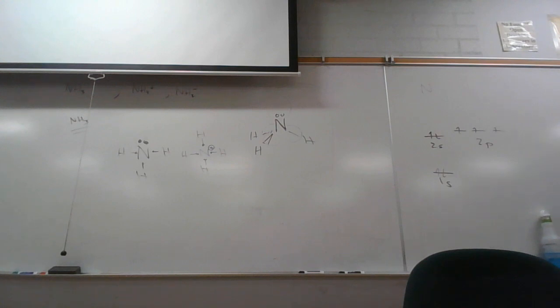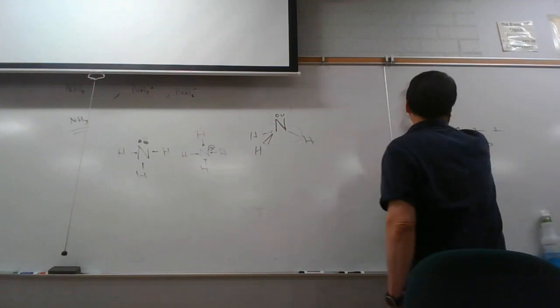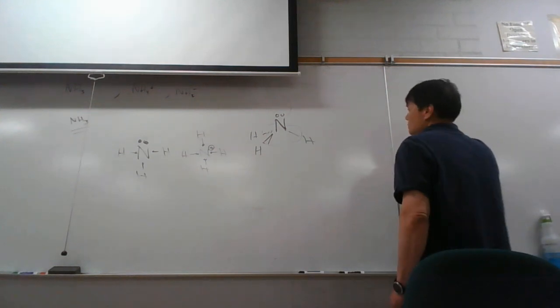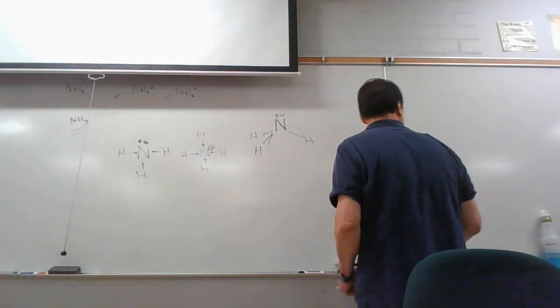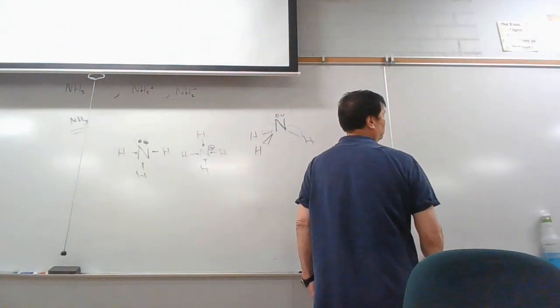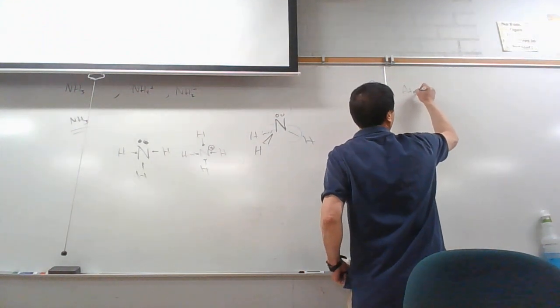So we have the unhybridized atomic orbital energy level diagram, and then we have this one. This is the atomic orbital energy level diagram with hybridized orbitals here. Now there are 2 ways that we describe a bond. So we go from atoms.